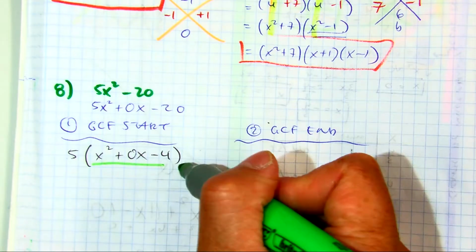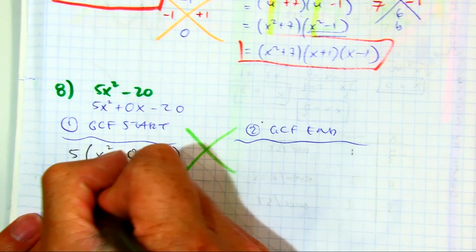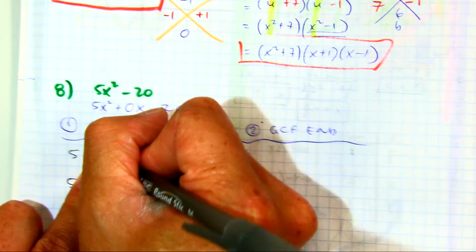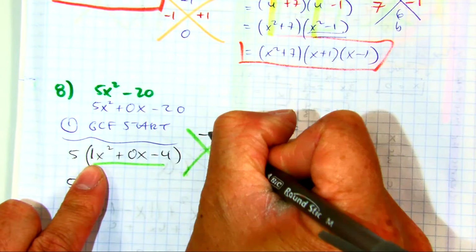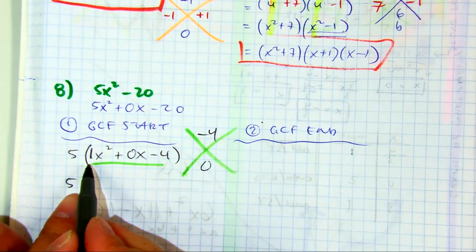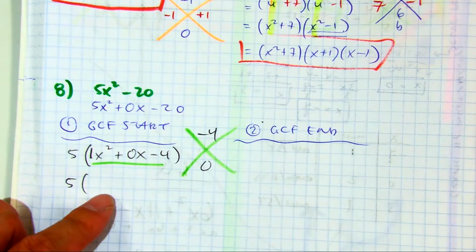And then from here, we're going to do our x. A times c would be 1 times -4, so -4. B value? 0. Notice how I highlighted it green because we're looking only at the inside. The 2 numbers? -2 and 2.